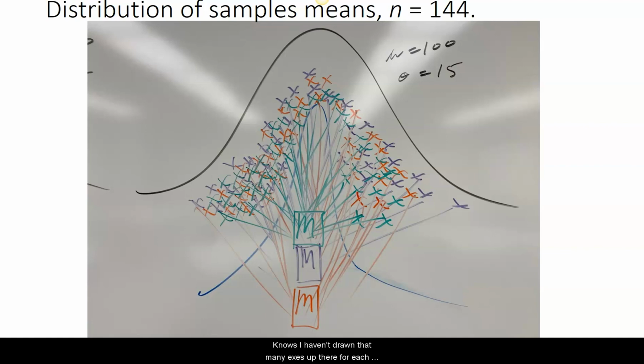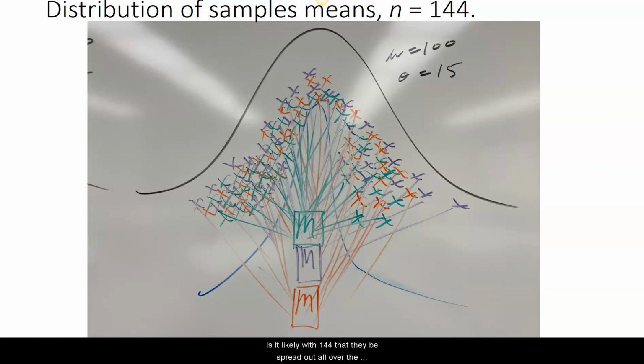Now, I haven't drawn that many X's up there for each color because it was going to drive me crazy. But imagine if I had 144 purple X's there, which I tried to draw. I spread those X's all over the place. Now, with 144, is it very likely that all 144 would be above average or that all 144 would be below average? Well, of course not.